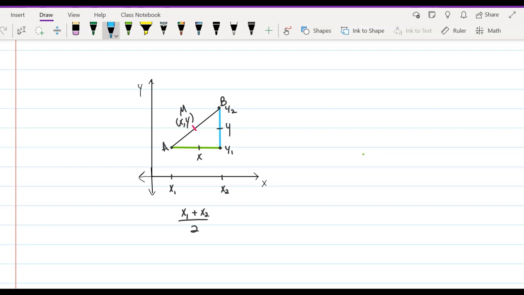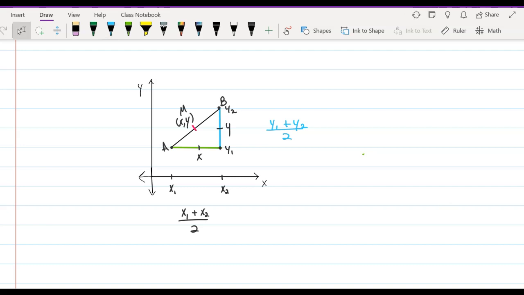And then to find the y value, we're going to treat the y sub 1 and the y sub 2 just like they're numbers, just like we did with x. So we're going to say y sub 1 plus y sub 2 divided by 2. And that is going to give me my coordinates.